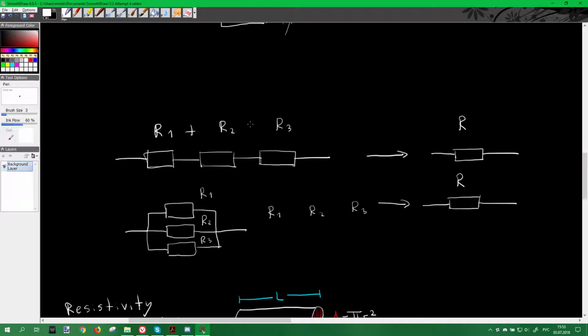We just sum up the resistances and we get the final big resistance R. If we replace these resistors with resistance R, which is the sum of the original resistances, then you have the exact same circuit. If we have parallel, we do a different thing. We take the inverse of each resistance, sum them up, and then we get 1 over the actual resistance of all 3 resistors at the same time.